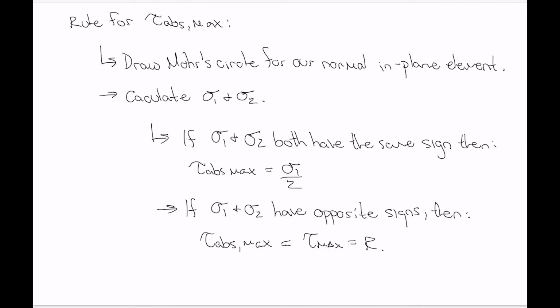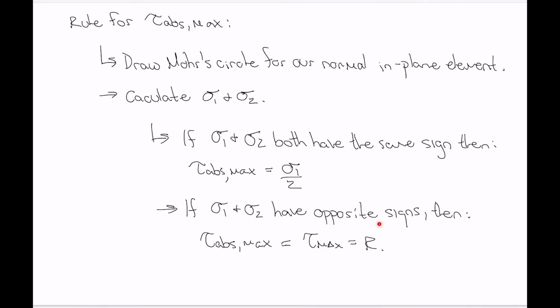So there's two very easy rules here that you can apply to find the maximum absolute shear stress. Simply draw a Mohr circle for your normal in-plane element, calculate your principal stresses, then if they both have the same sign, either both positive or both negative, the absolute maximum shear stress is the first principal stress divided by 2.